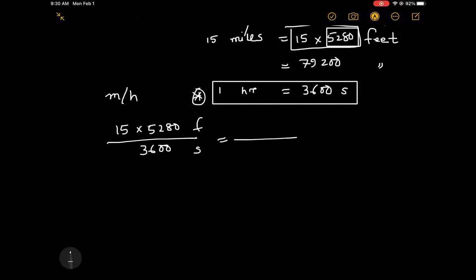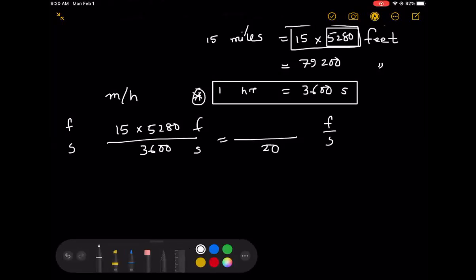And for the next one, the proportion is feet per second. So on my right, I need to have feet per second as well. What's the given second here? 20. And we are looking for the distance in feet.